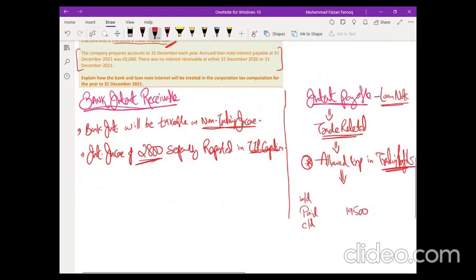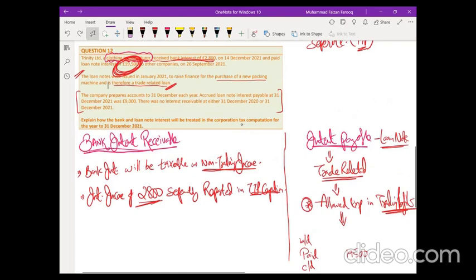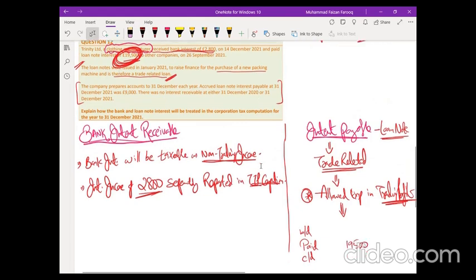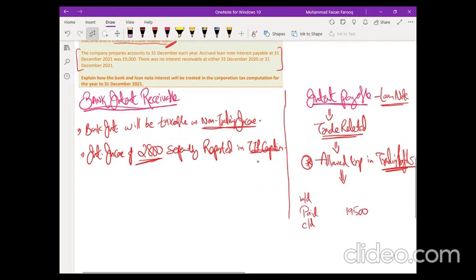First of all, I will take the figures. 19,500 we paid. And from the paragraph, you can see there are the opening and closing balances, right or wrong? This 9,000 is the opening balance or the closing balance? It's the closing balance. And this is the format.